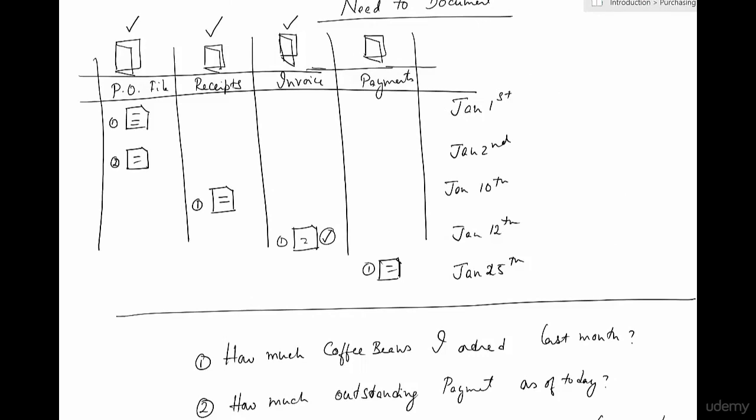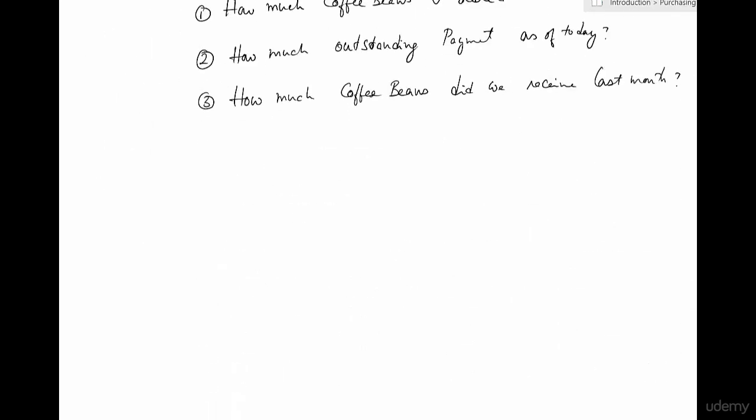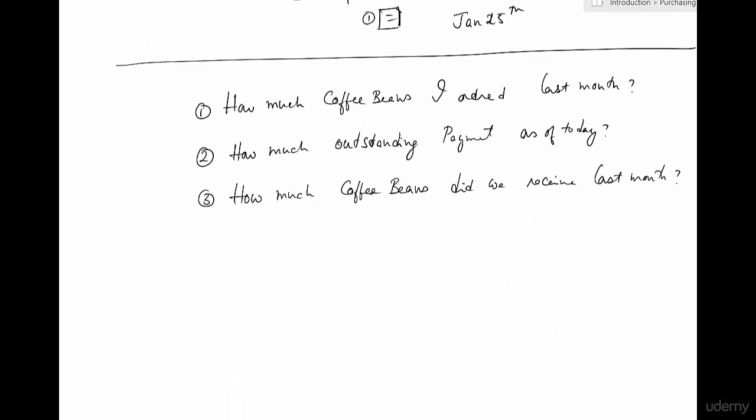Go to receipts, find out all the receipts that have been filed, look at all the coffee bean items, quantities and prices, sum them up, and we have the answer. So what did we do here? We documented things, and through the process of documenting, we were able to answer so many different questions, right?